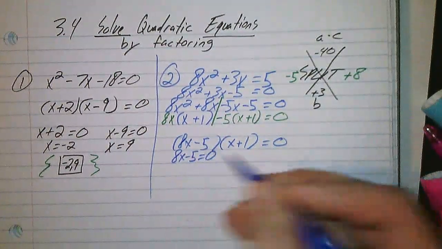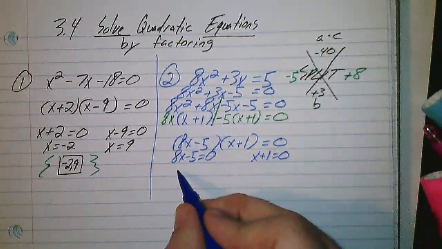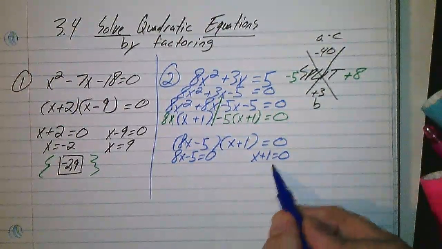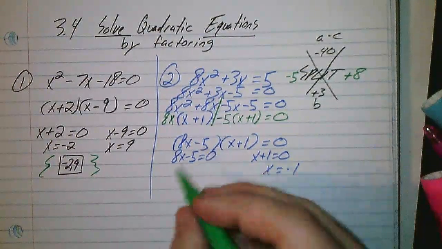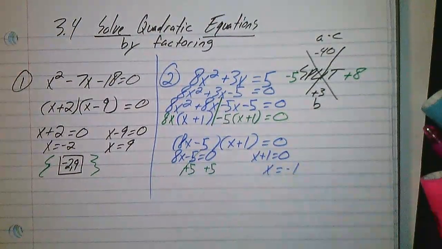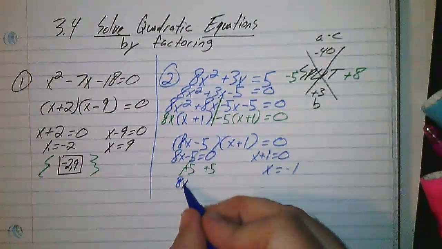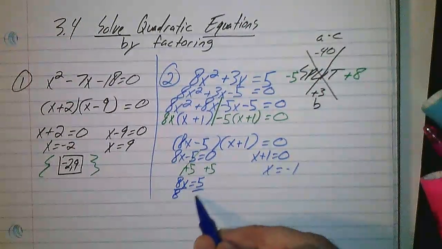Set each factor equal to 0. Over here it's obviously just negative 1. If it's a binomial, you might want to write it out. Add 5 to both sides so that 8x equals 5, and then divide by 8.